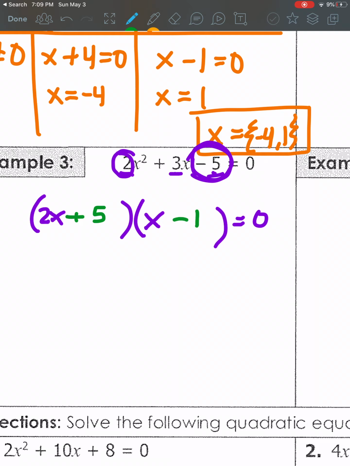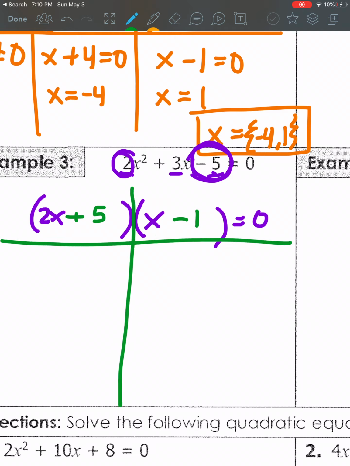So now let's see, this 2x times negative 1 would be negative 2, and then plus 5, that would give us positive 3. And then 5 times negative 1 is negative 5. I ironically guessed on my first try. But this is my guess and check method. And then the same thing, we're going to set them equal.